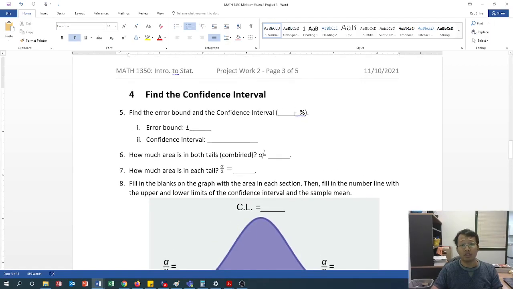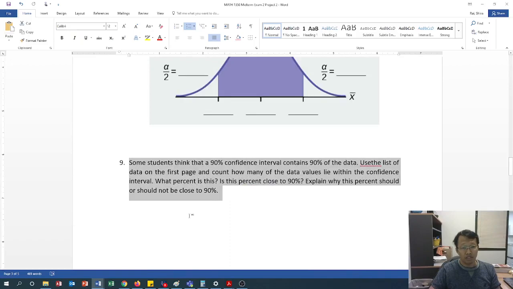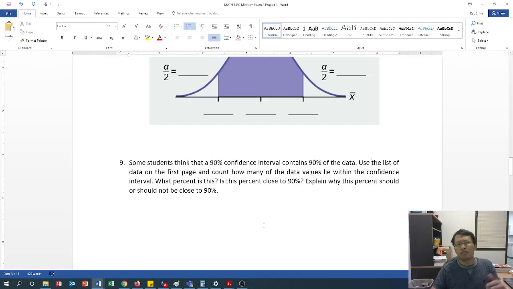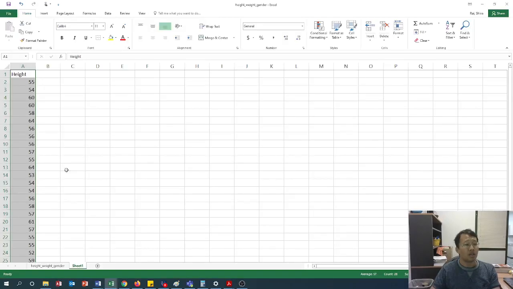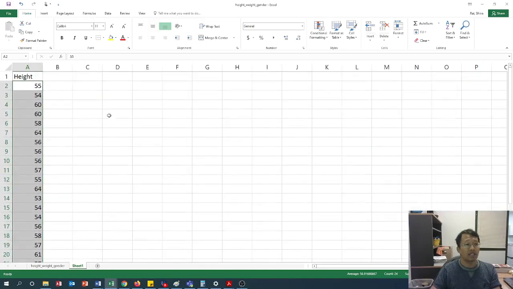Give a logical answer for this one. Some students think that a 90% confidence interval contains 90% of the data. Use the list of the data on the first page and count how many of the data values lie within the confidence interval. To do this, I would ask you to go to Microsoft Excel. If you have this kind of data, it's not sorted in ascending or descending order, so make sure that you sort it.